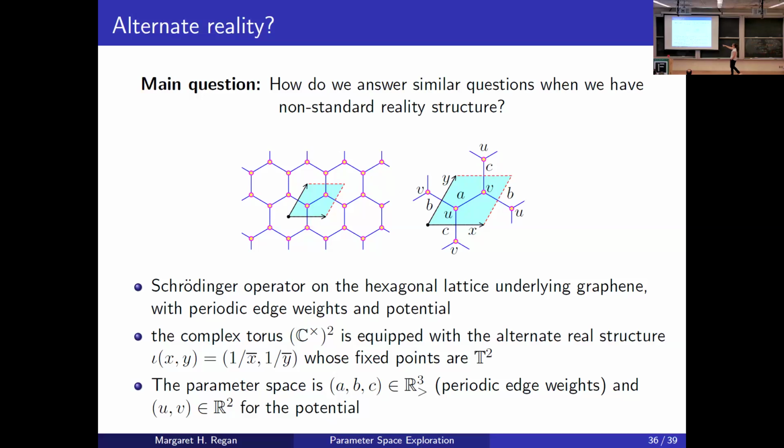But we have an alternate real structure based on the torus. So how do we describe the critical points of this variety?